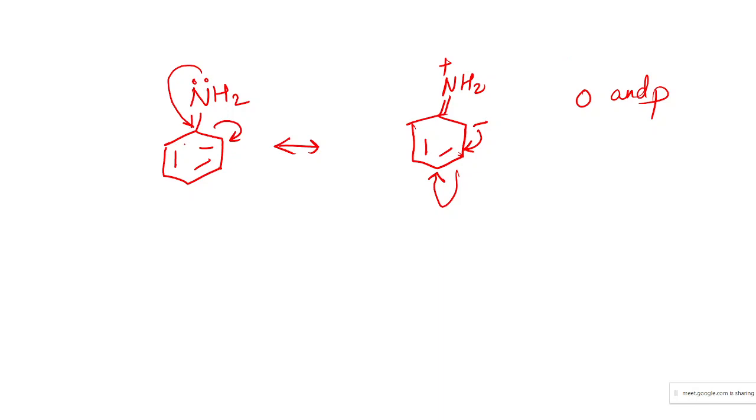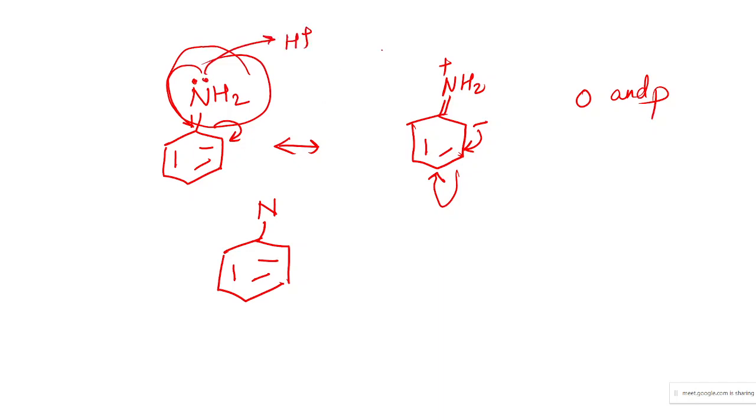But the case becomes different when the amine nitrogen accepts a hydrogen. We are using the acids H2SO4 and HNO3, and acids are compounds which can donate their hydrogen atom.